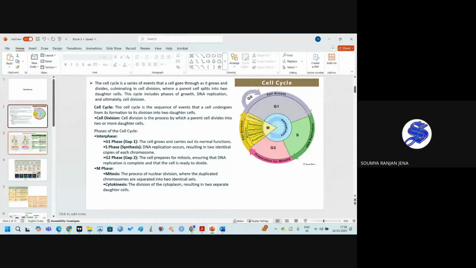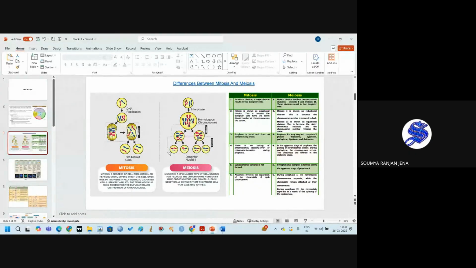Then if you look at the mitosis process in detail, in mitosis the cell duplicates into two diploid daughter cells, a reproduction during which one cell gives rise to two genetically identical daughter cells.